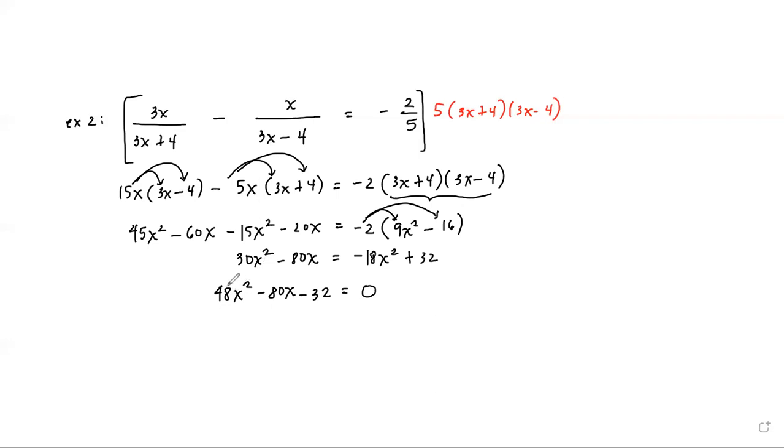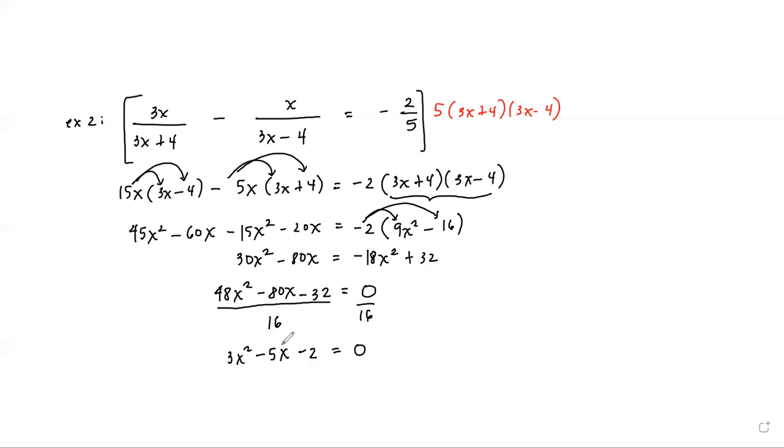Now, if we look at 48, 80, and 32, all of them are divisible by 16. So we can divide both sides by 16. So 48 over 16 is 3. So that's going to be 3x squared. Then negative 80 over 16 is negative 5 times x. And then negative 32 over 16 is minus 2 equals 0.